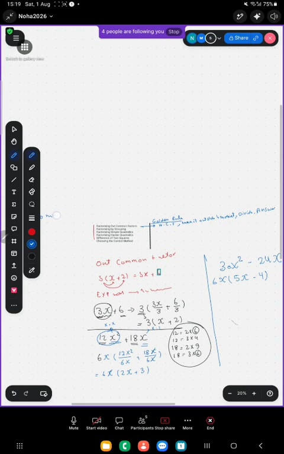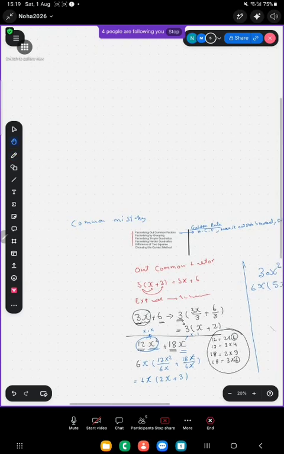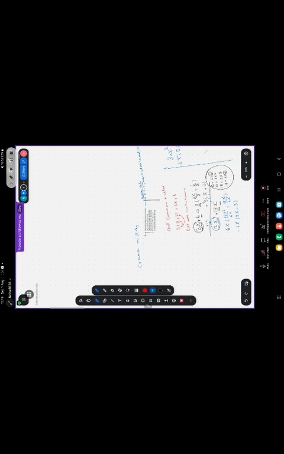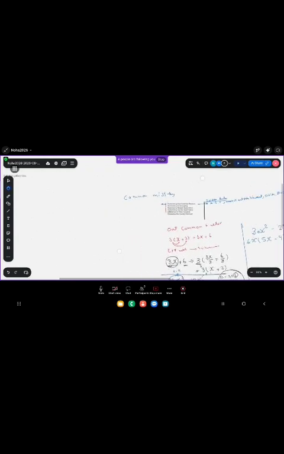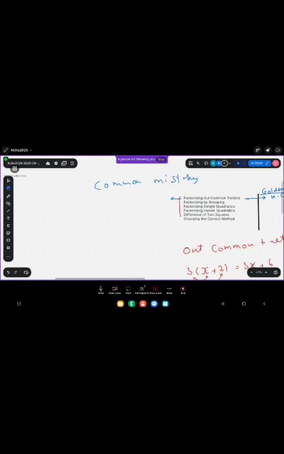What do students do? From my experience, if I want to get out my common mistake, I will take what in the first one? Can you see it well? Or it will be better if we make it like that. So if I want to get my common mistake, the first big one is to take out only the number and forget the variables.